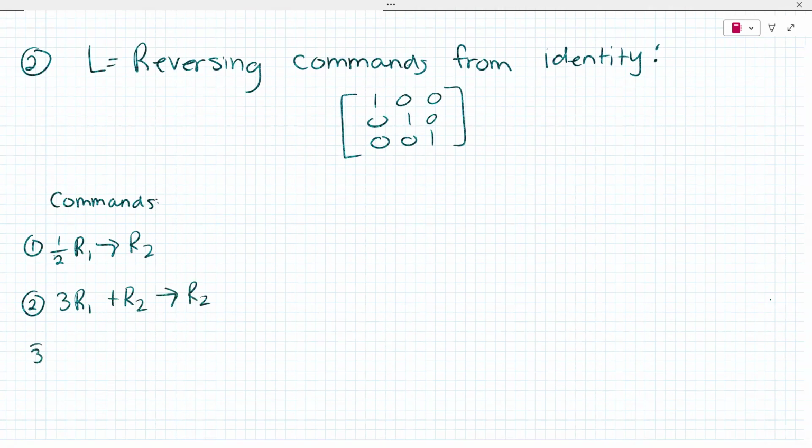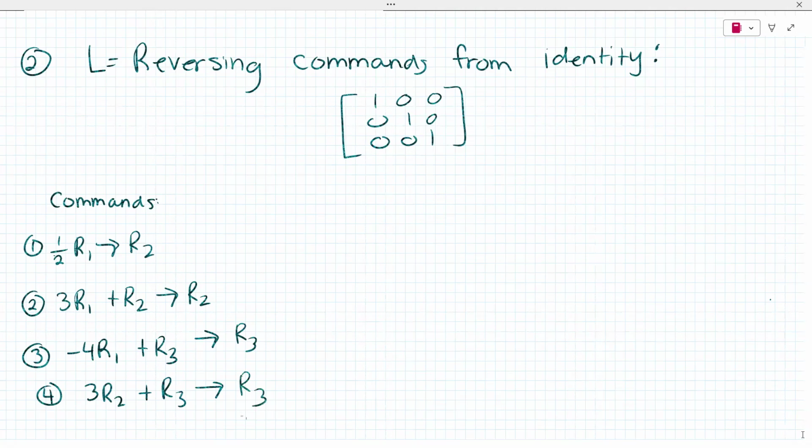The third command is -4 row 1 plus row 3 gives us row 3. The fourth command is 3 row 2 plus row 3 gives us row 3.